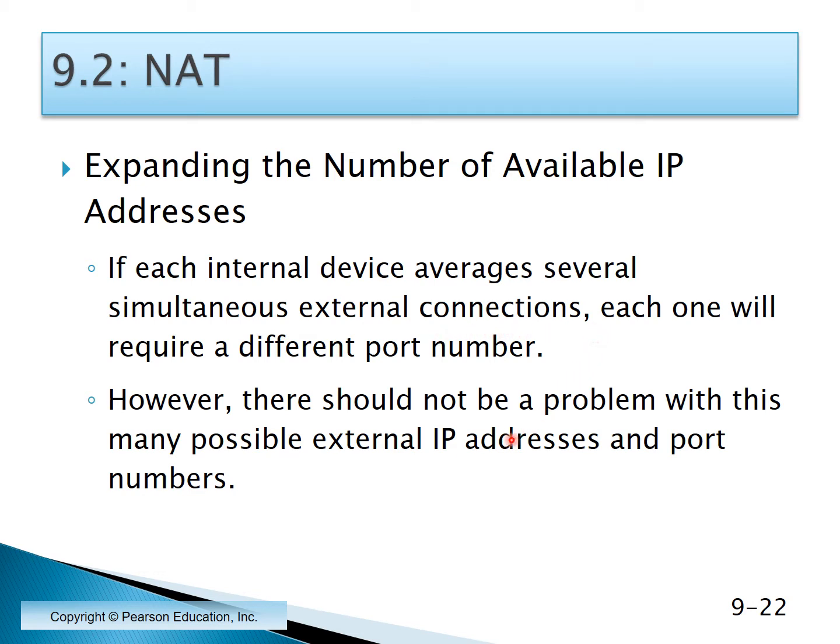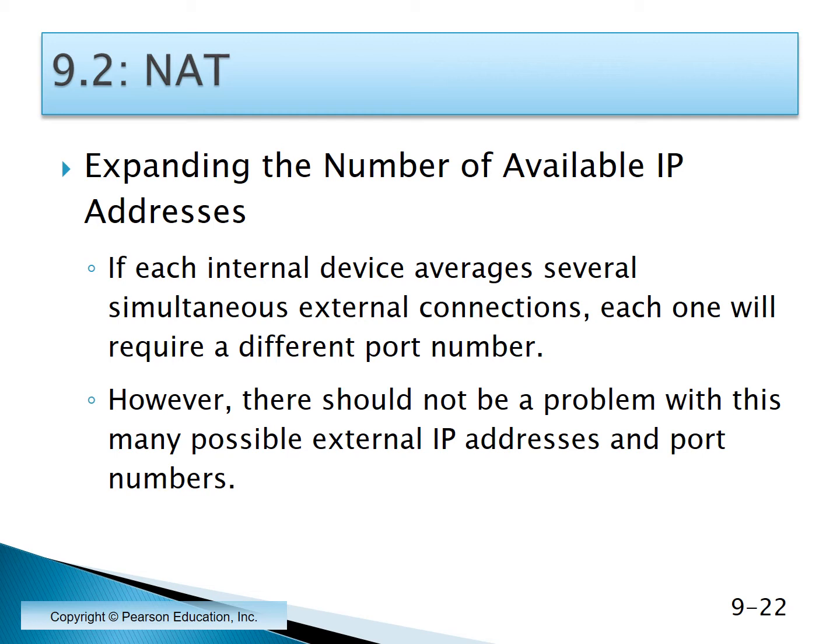However, there should not be a problem with these many possible external IP addresses and port numbers. So with these 254 IP addresses in use, you can have more than 254 hosts within this network, because they won't be using several thousand connections at the same time.